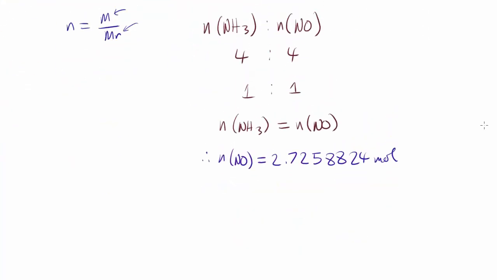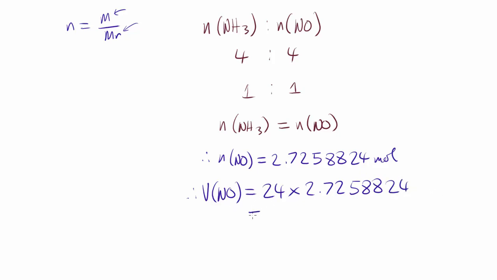Therefore the volume of NO is going to be 24 multiplied by the moles of NO we've worked out here. So it's 24 times 2.72588824.